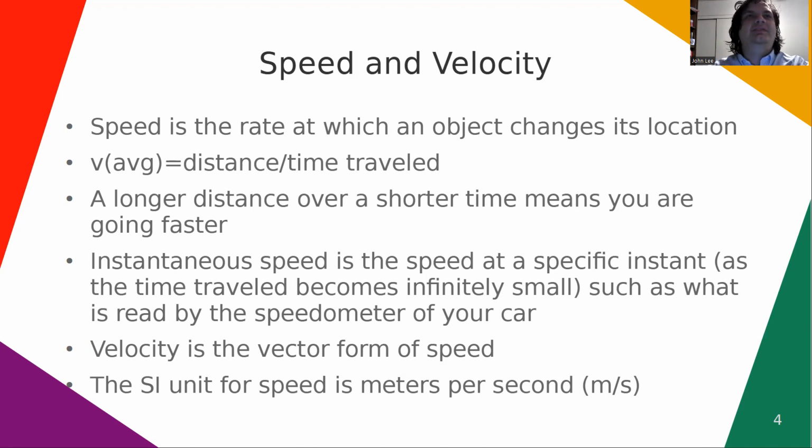But your average velocity is not going to be 60 miles per hour because you went forward and then you went back. So your displacement from your original position is going to be a third as much as the distance that you've traveled.